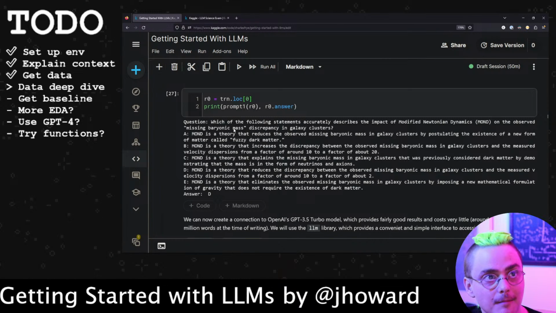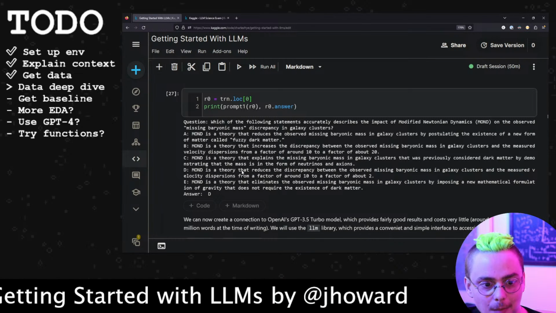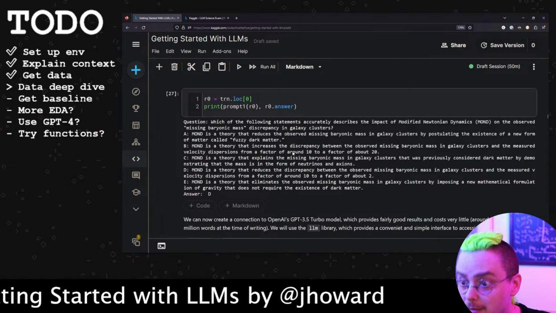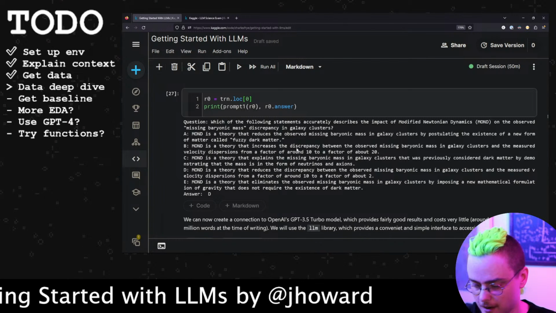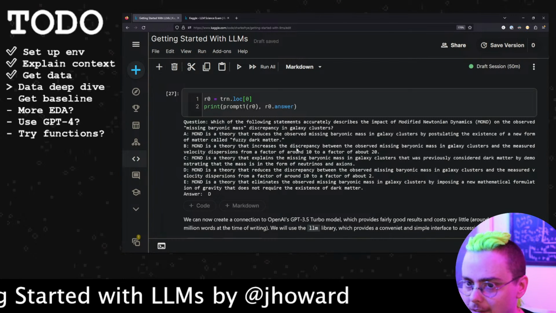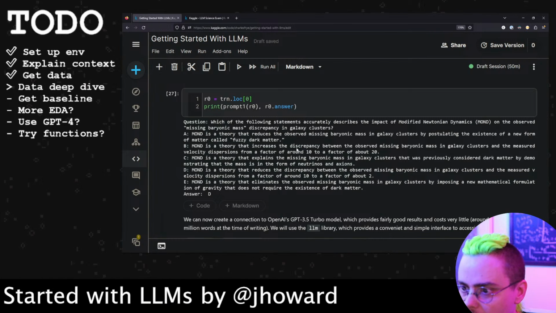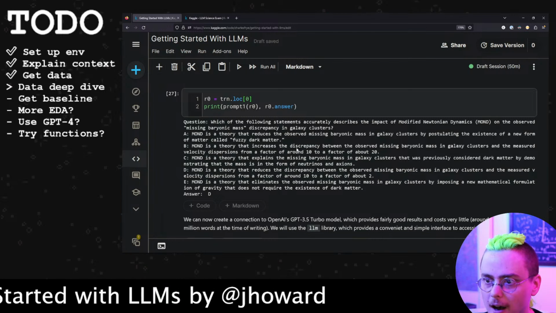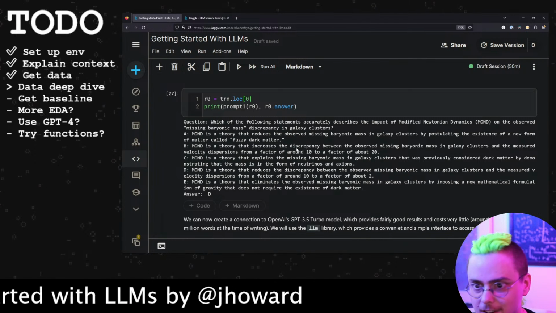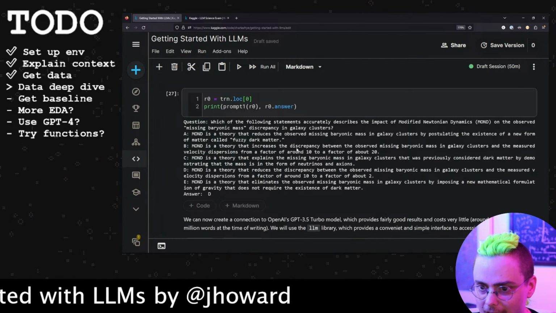Not much of a cosmologist, but this is kind of like a dark matter thing. It's like galaxies are not as massive as they should be, our guess for their mass doesn't match their gravitational impact. And so I would guess this is a theory that, from its name, modifies Newtonian dynamics to resolve that issue.